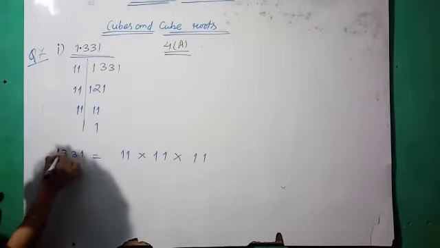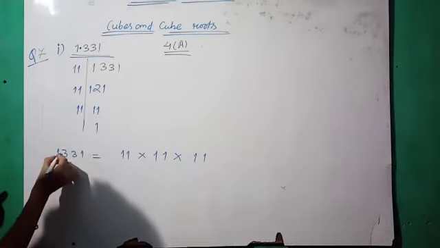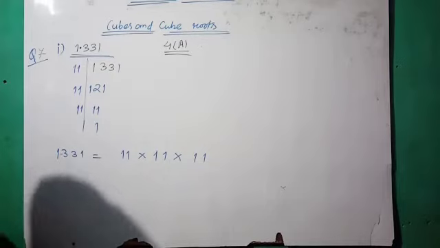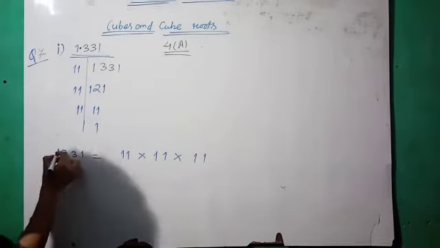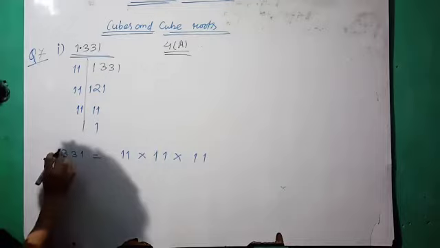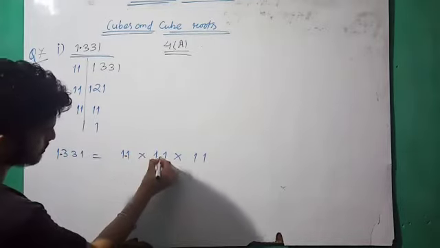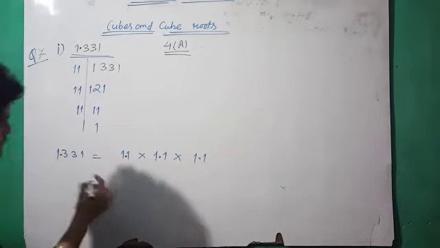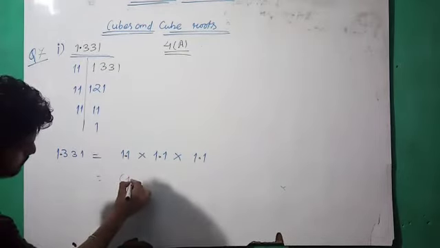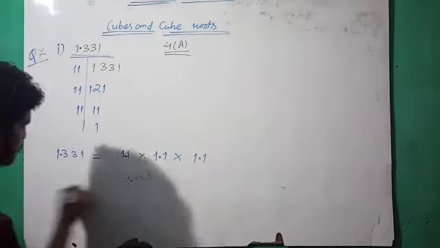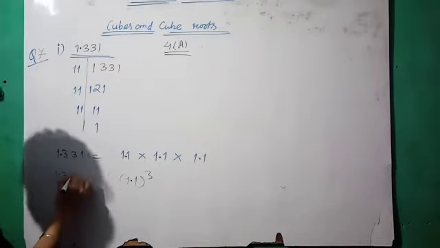So we have to place the decimal point. This is actually the cube of 1.1. 1.1 cubed is 1.331.